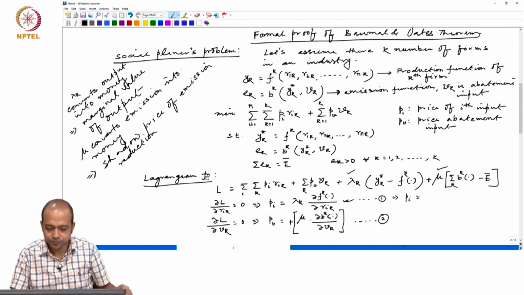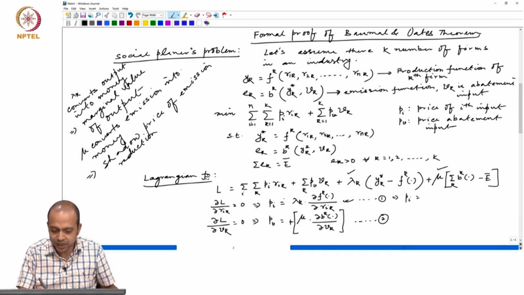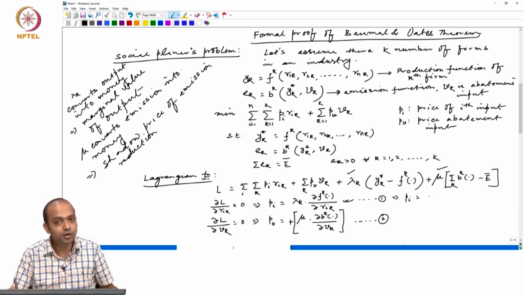So Pi equals the value of marginal product, or VMPi.